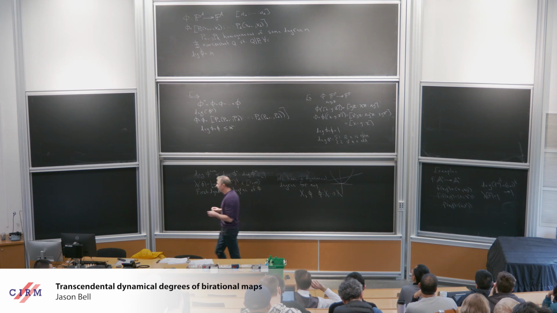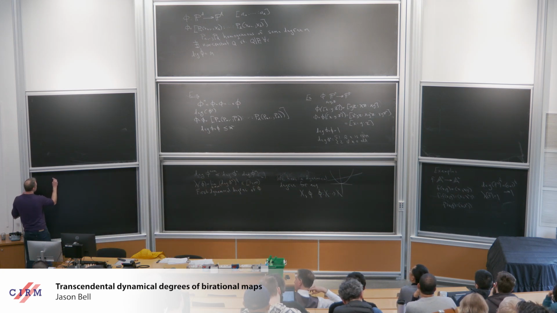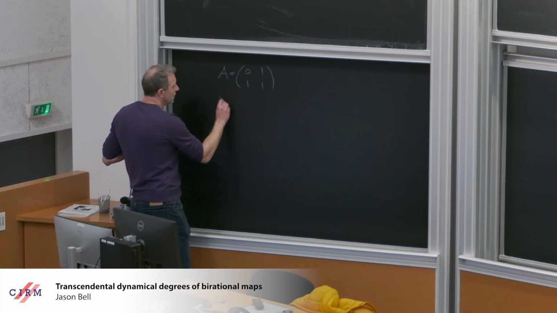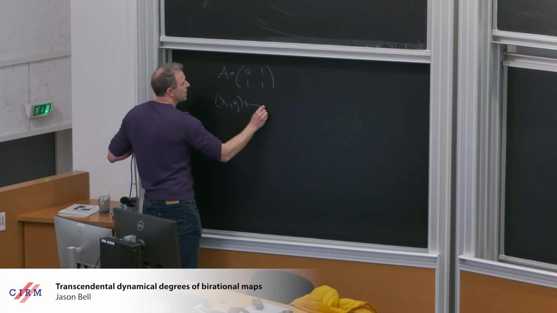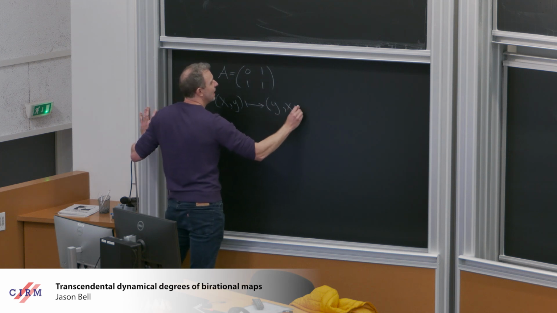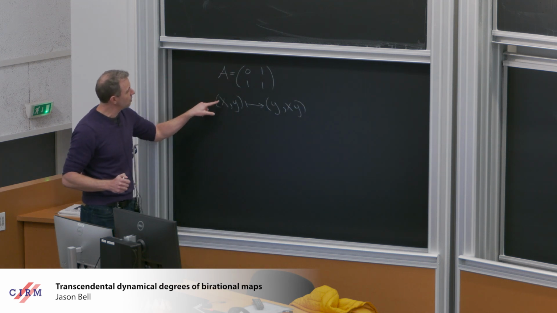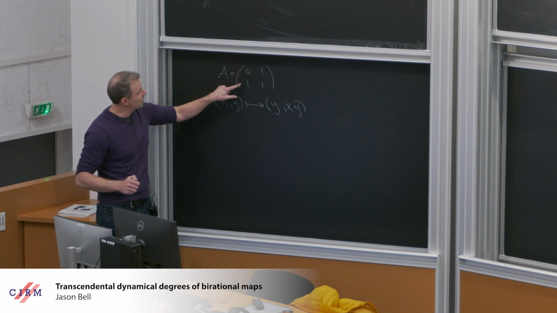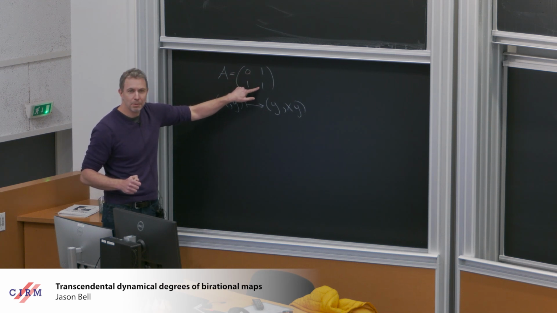And on the other hand, let's do another example. So we all probably know this matrix 0, 1, 1, 1. If you teach linear algebra, you do the Fibonacci recurrence using this matrix, right? So we can make a map out of this by saying xy goes to y, xy. I'm using the columns, and I'm saying x to the 0, y to the 1, x to the 1, y to the 1.